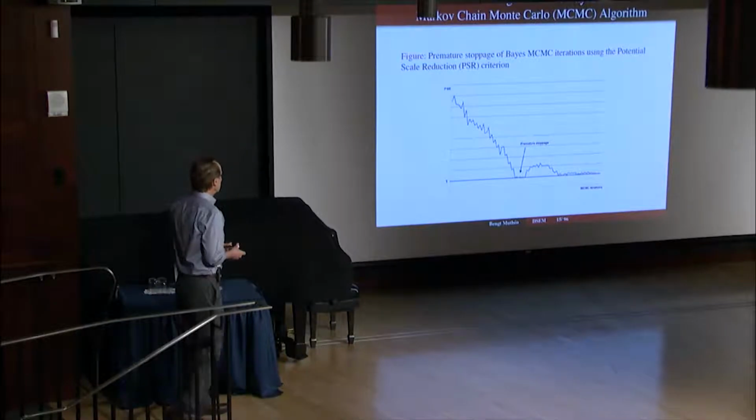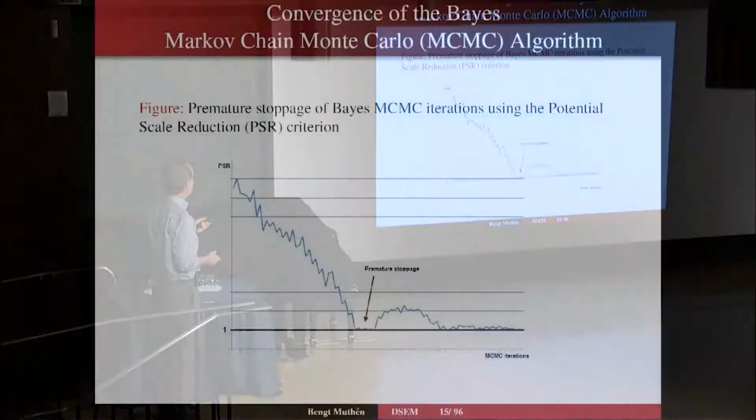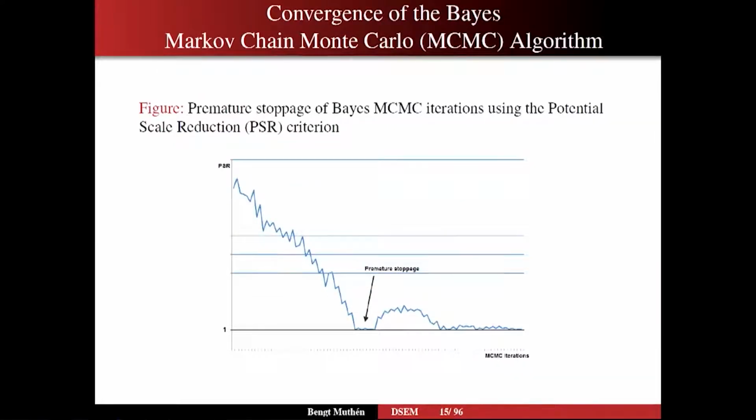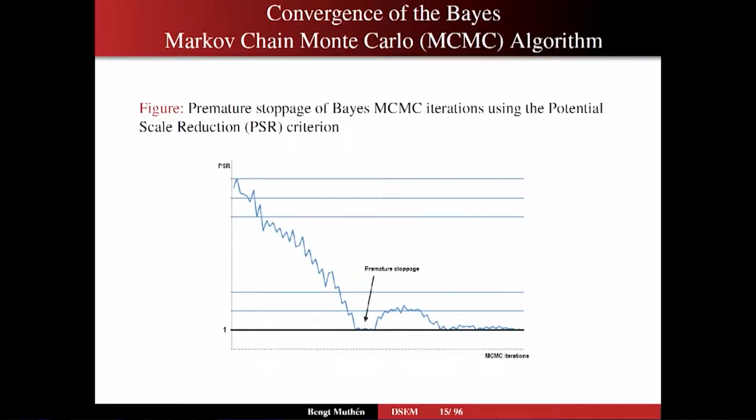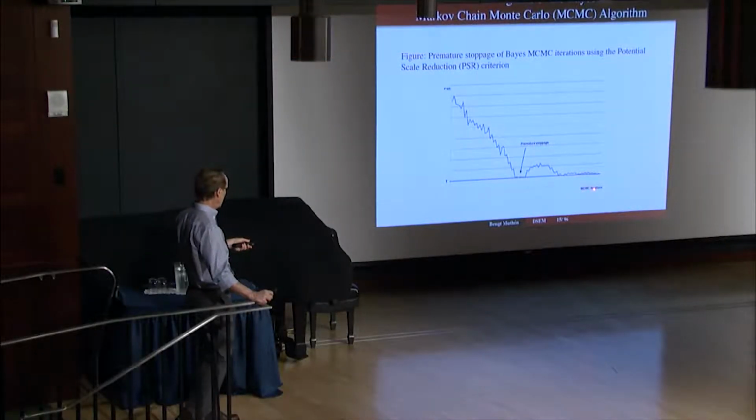One big warning here, convergence, using PSR, needs to be taken very seriously. It could run into a problem called premature stoppage. So you have the PSR value on the y-axis, and you want to come down to the value 1, that line. X-axis is the iterations, MCMC, Markov chain Monte Carlo iterations.